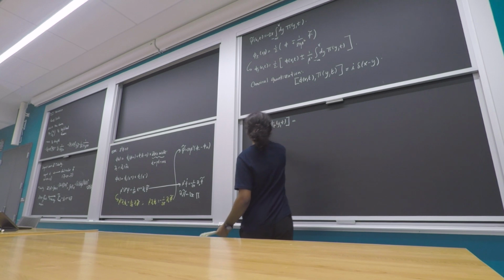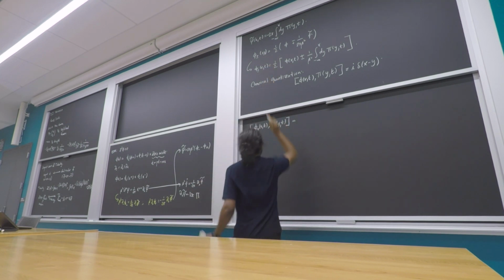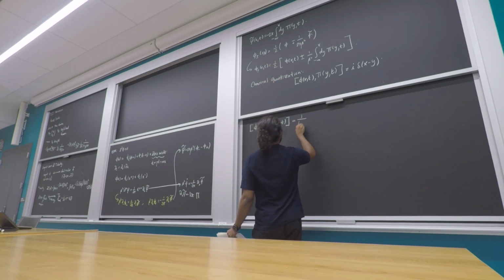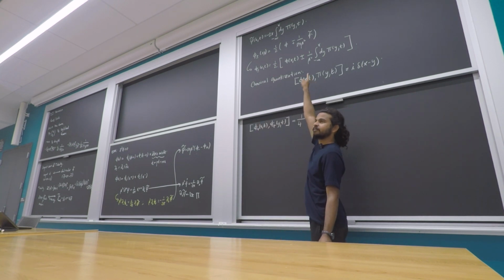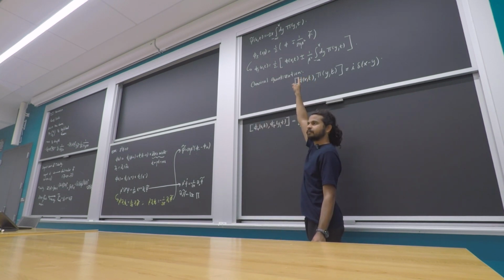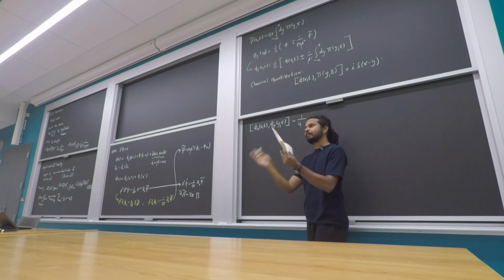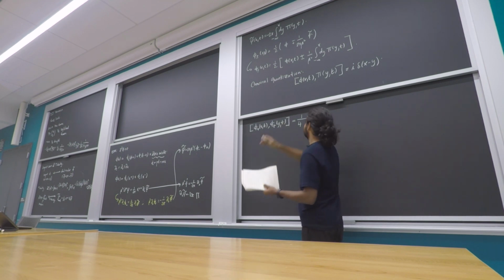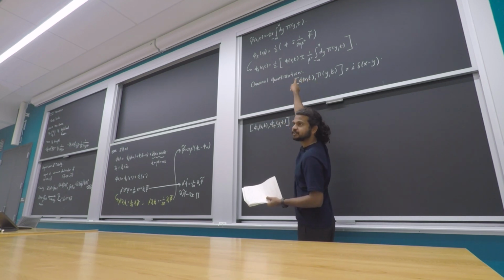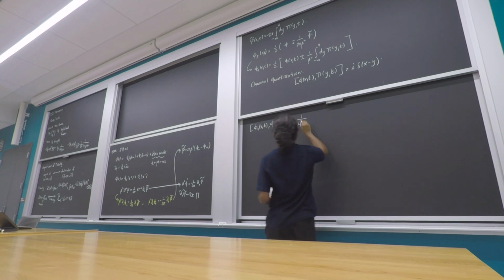So I have two half factors from that, so that's 1 by 4. And I would have one beta square factor, right? Because the pi commutator is 0, the phi commutator is 0. The only commutator that survives is phi pi, and whenever I have phi pi, I will have a beta square. So that's a beta square.